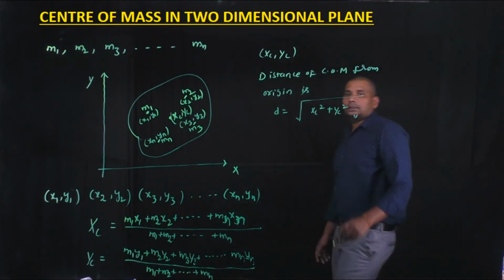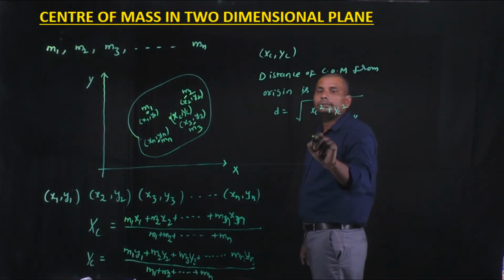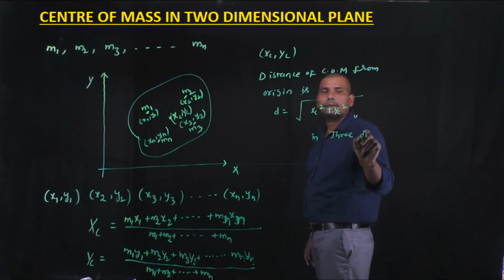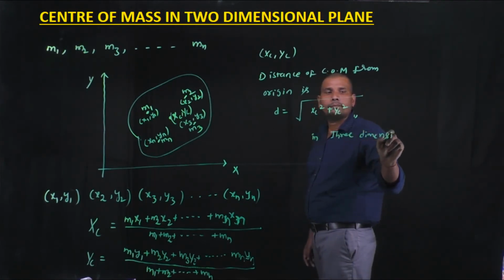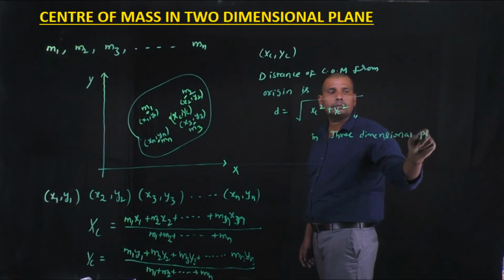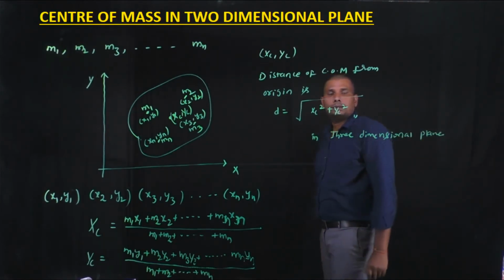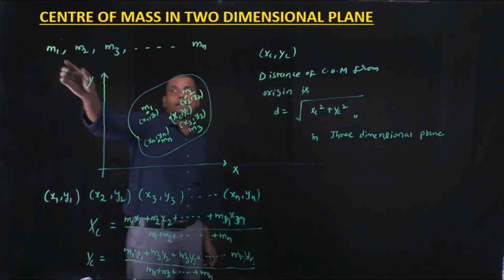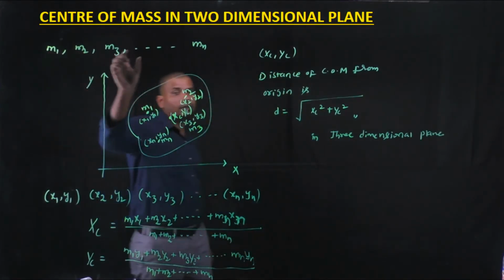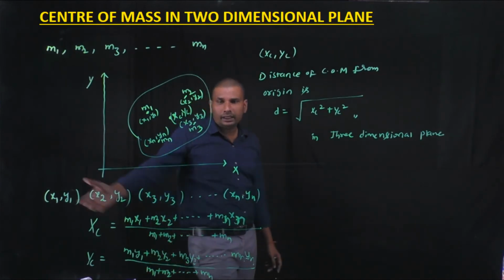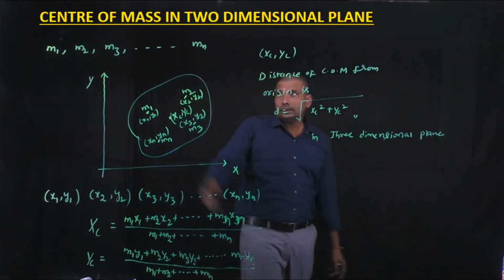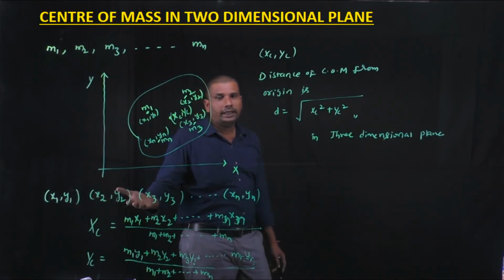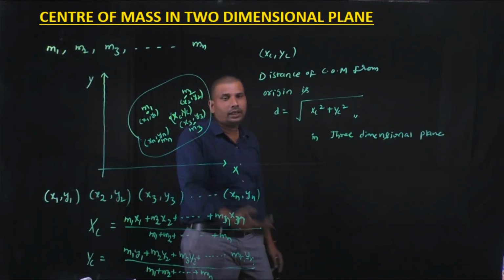Similarly, the center of mass in three-dimensional plane. Having an object with particles of masses m1, m2, m3 and so on mn, in the two-dimensional plane the coordinates are x1 y1, x2 y2, x3 y3 and so on xn yn.